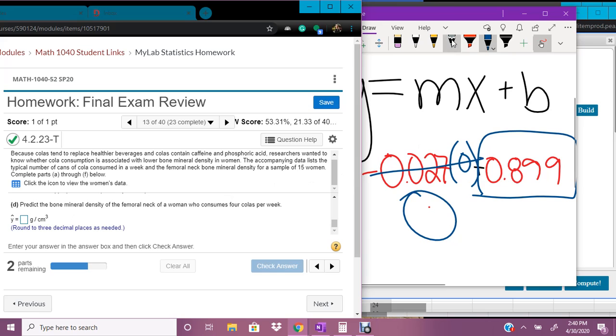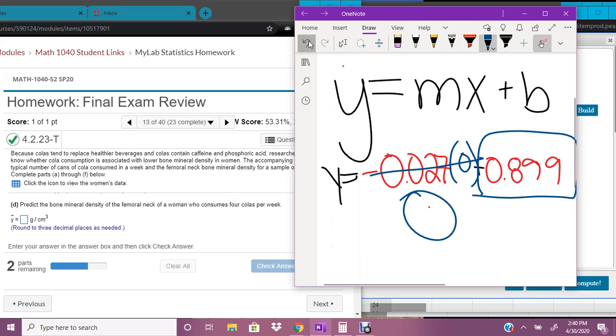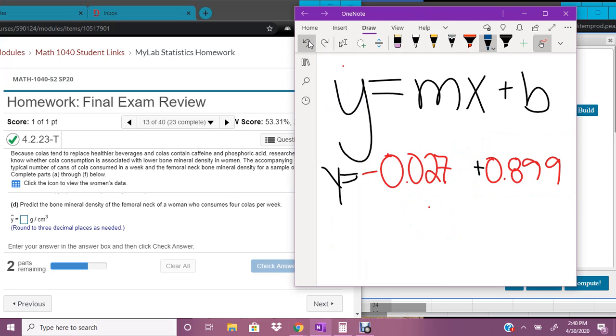Now we're going to predict for someone who consumes 4 colas per week. So we're going to plug in 4 where our x is, and we're just going to do that equation.